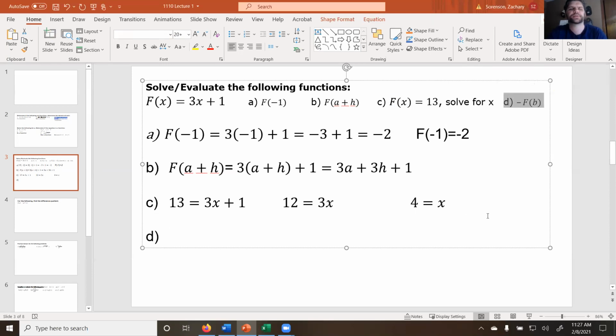How do I do question D? We just multiply both sides by -1. Sure. Is there something else I have to do? I have to replace x with b.